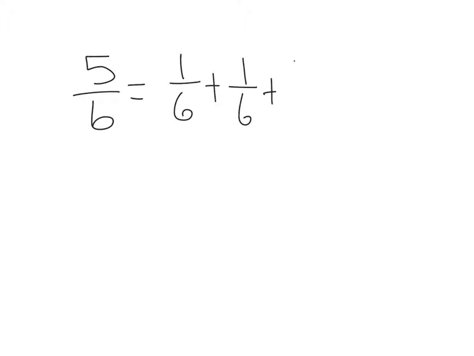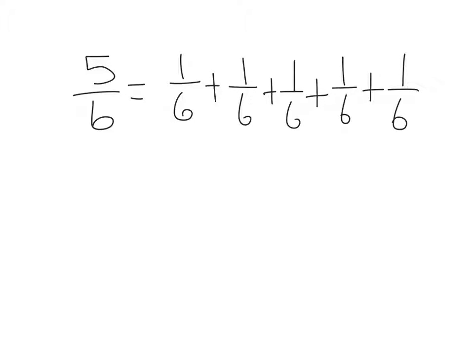If I have a fraction of 5/6, and I want to write the fraction as a product of a whole number and a unit fraction, I'm going to take my 5/6. I know that with unit fractions, 5/6 is equal to 1/6 plus 1/6 plus 1/6 plus 1/6 plus 1/6.